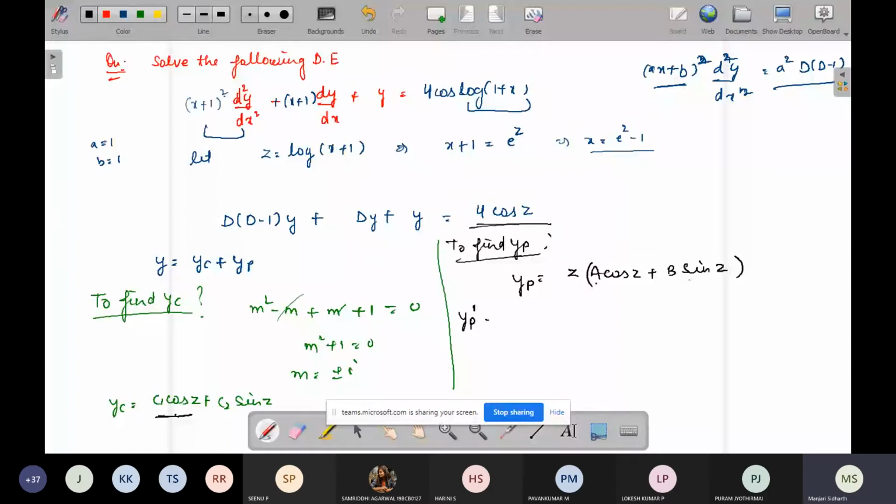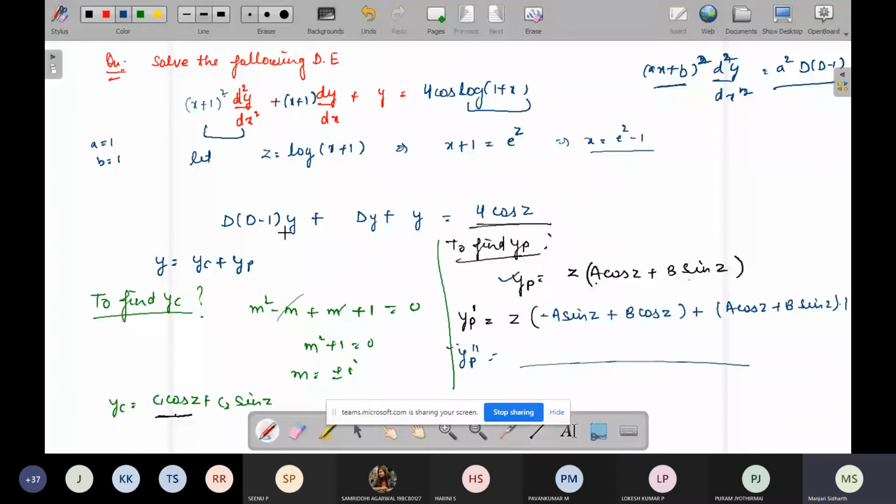First same, second one's differentiation is A sin z, and z differentiation means first same, second one differentiation plus second same into 1. Similarly, you can find yp double dash and proceed further.